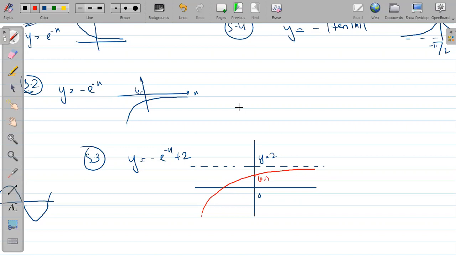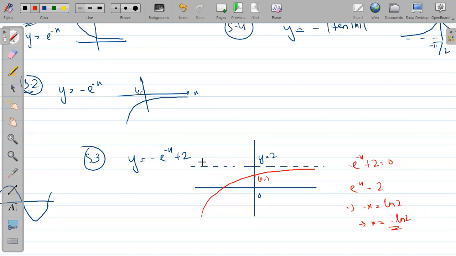So just equate it to 0 only. To get this point, I am equating 2 minus e to the power minus x equal to 0. So it is nothing but e to the power minus x equal to 2. Putting ln on both sides, you are getting minus x equal to ln 2. So x equal to minus ln 2. Just check it out.